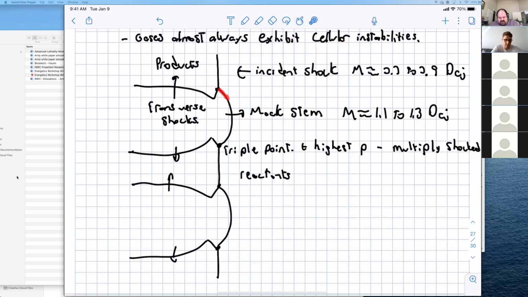Even though the shock is sort of angled, it is much stronger than this incident shock. Normally you think of oblique shocks as being weaker than a normal shock wave, but here it's basically just the opposite.